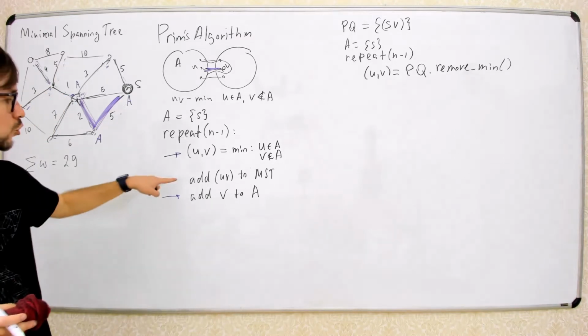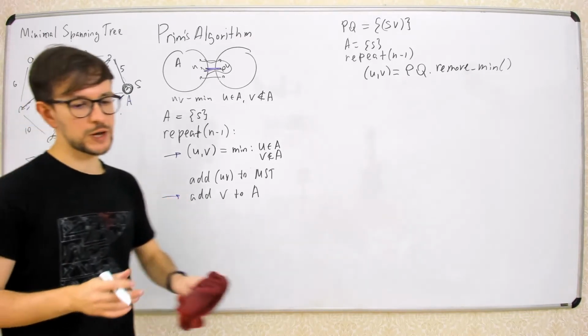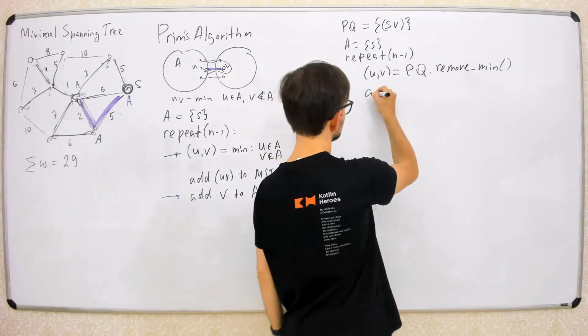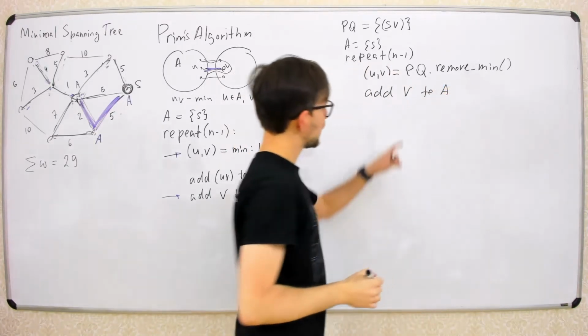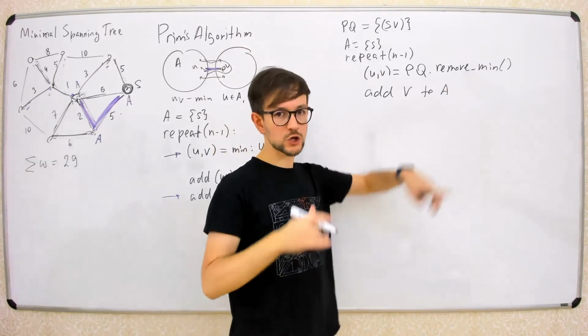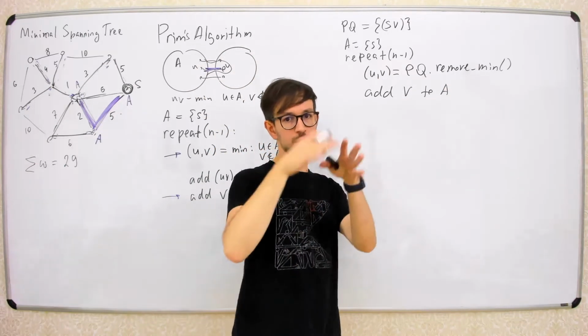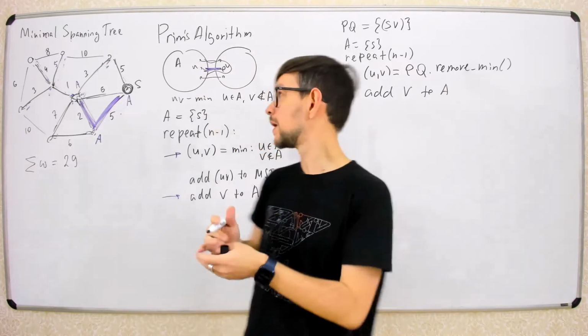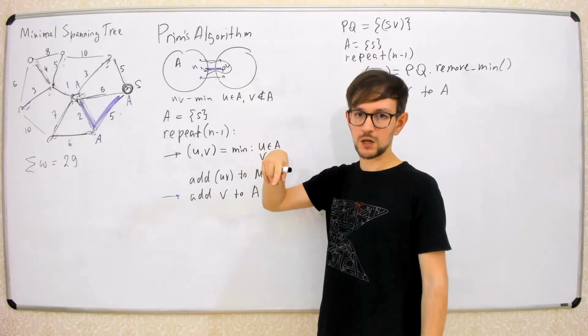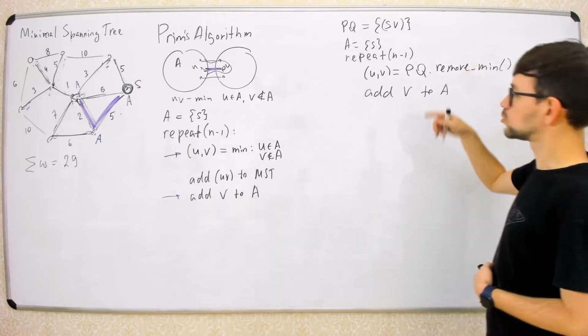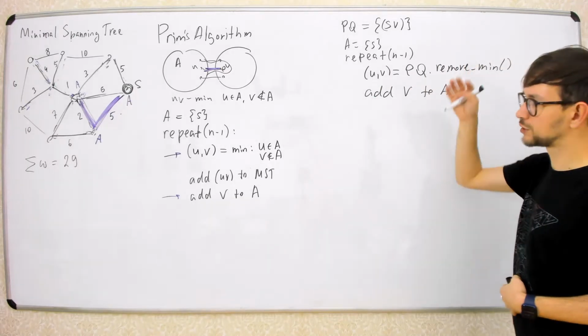And now we need to modify this set A. So when we add vertex V to set A, we actually need to modify the set which is currently in our queue. Because since we move this V to the set A, some edges should be put inside this queue, some edges should be removed from it.